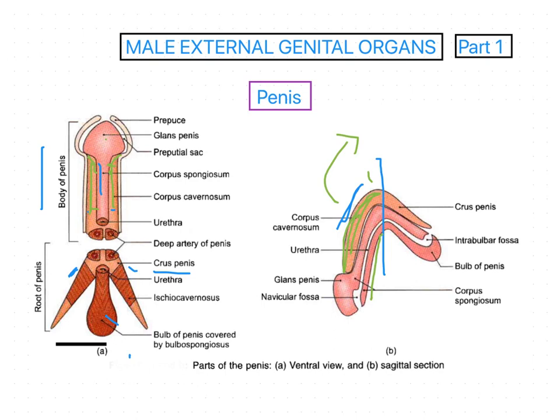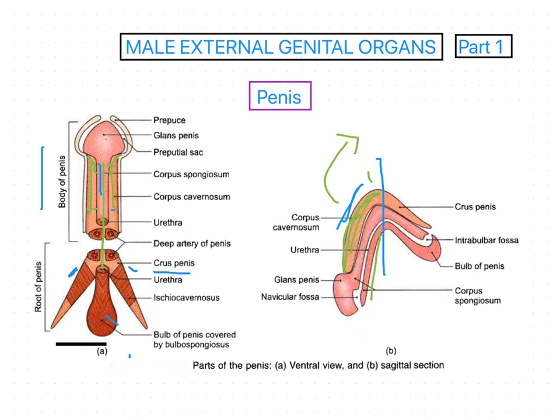Next, coming to the corpus spongiosum. This corpus spongiosum is a cylindrical structure placed mid-ventrally in the groove between the two corpora cavernosa in the body of the penis. It conducts the spongy part of the urethra. If you can see here, the deepest part of the bulb has the urethra, and this urethral tube is continued in the corpus spongiosum.